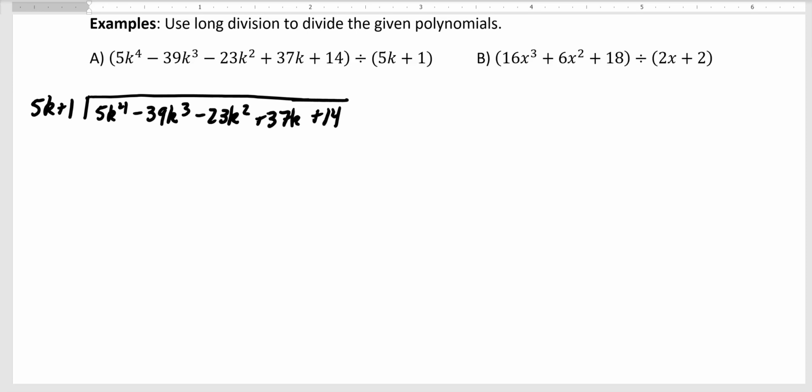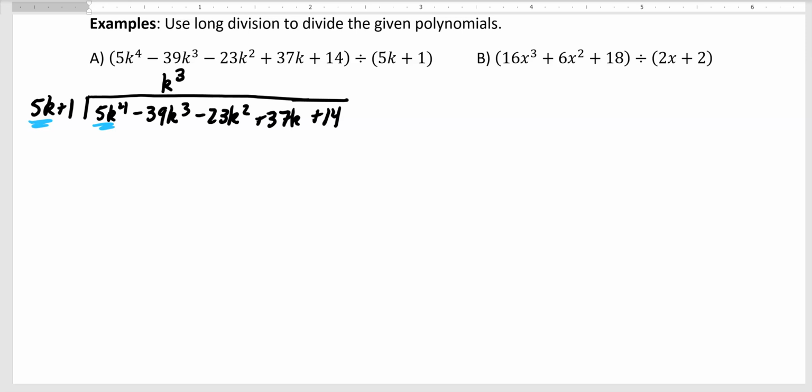All right. So let's do some math. When I'm doing this, I only care about the first terms. I don't worry about the plus 1. I don't worry about anything like that. So I say 5k times what gives me 5k to the 4th? That would be k to the 3rd.